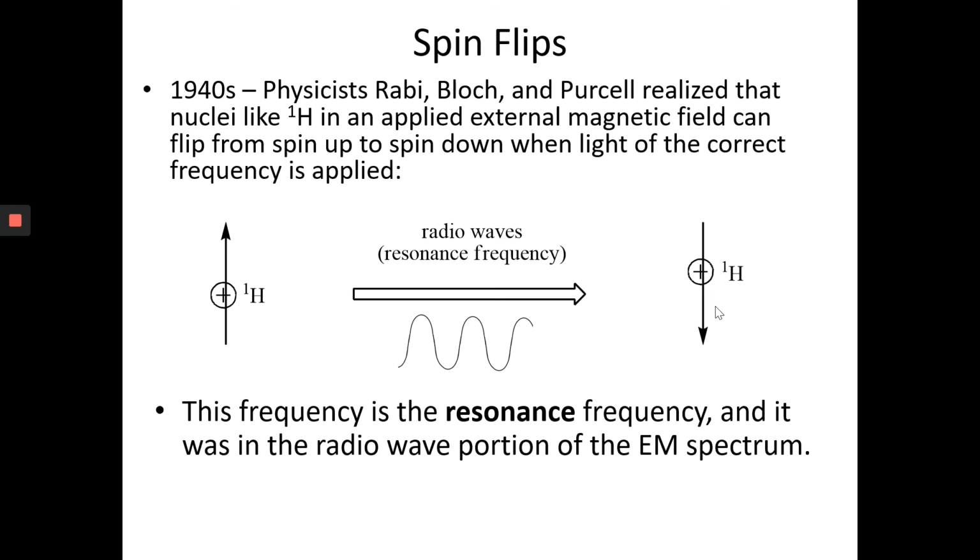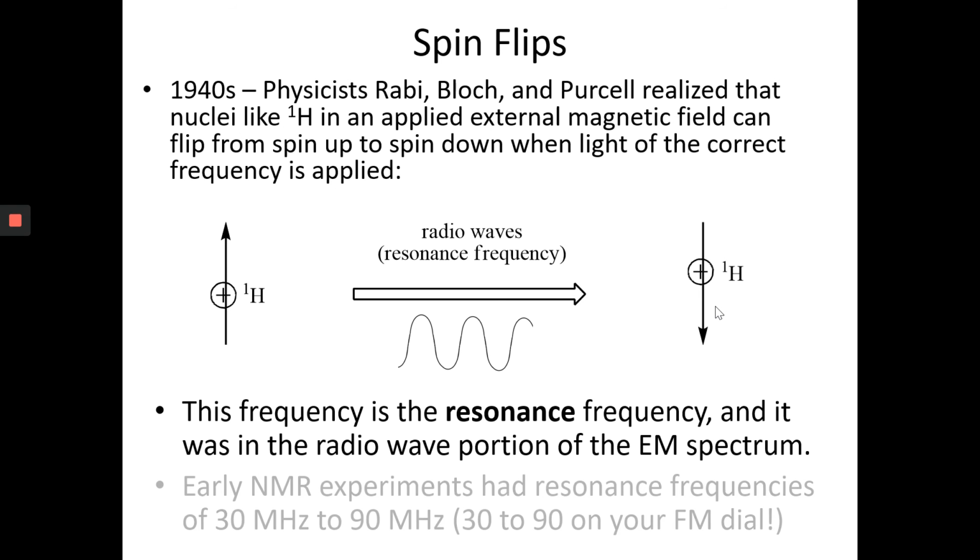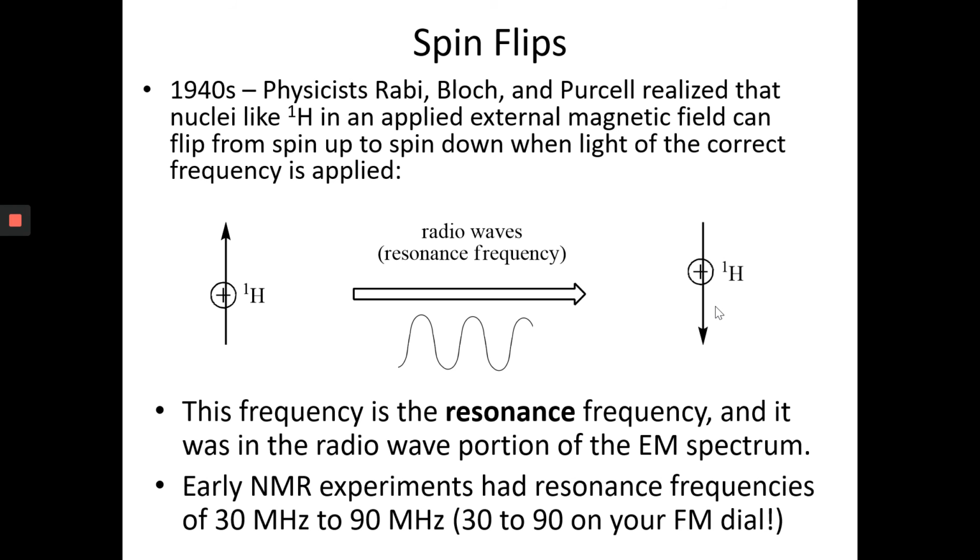The light frequency that's used to make this happen is called the resonant frequency. And as I mentioned, it was a form of radio waves. Early NMR experiments had resonance frequencies, depending on exactly what sort of external magnet they used, of somewhere between 30 megahertz and 90 megahertz, which is, if you listen to FM radio, between 30 and 90 on your FM dial.